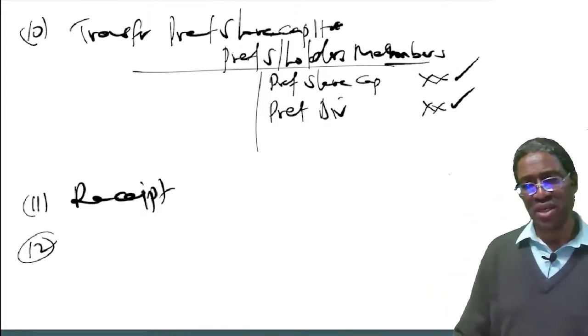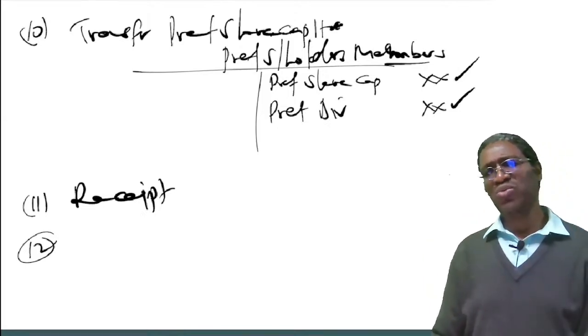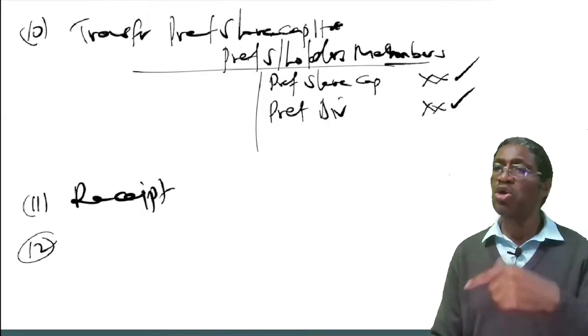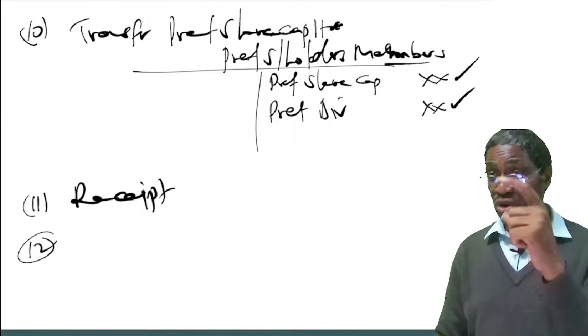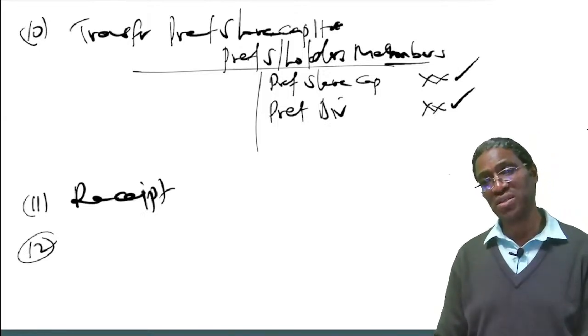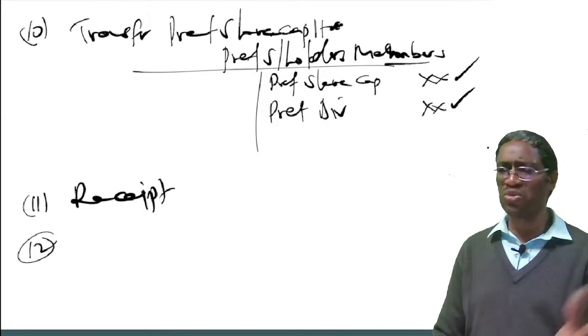Listen, you all know that when a company is liquidated, preference shareholders normally rank first in order of liquidation. They rank first before ordinary. In fact, ordinary shareholders are the last people to be paid.